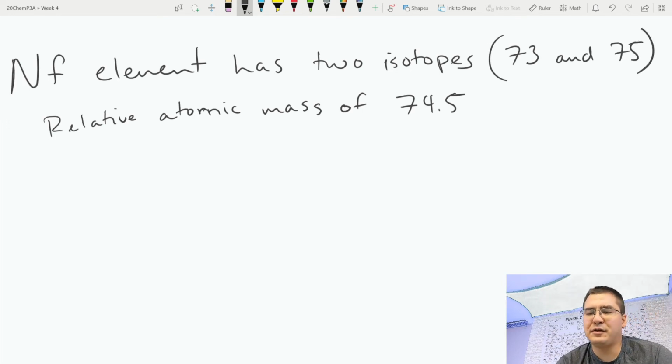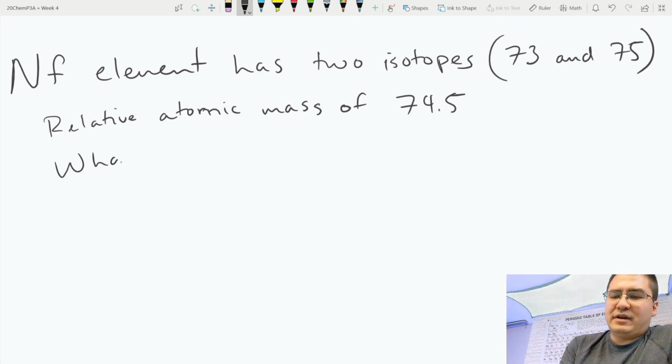Okay, so those are the mass numbers. And the element has a relative atomic mass somewhere in between the two, probably closer to 75. So there's probably more 75 than 73. So what are the relative abundances?